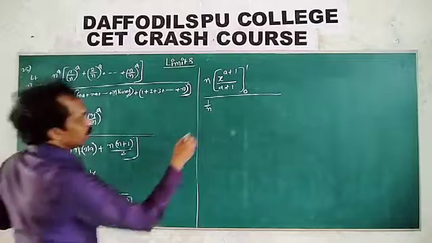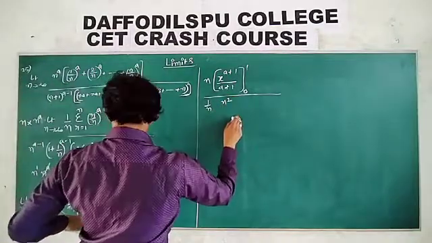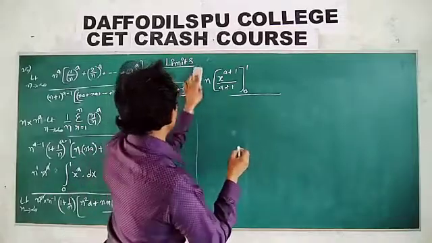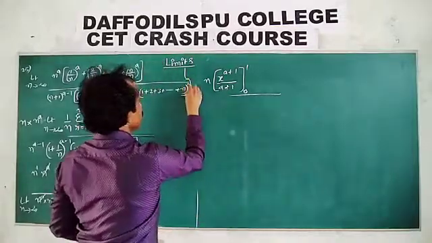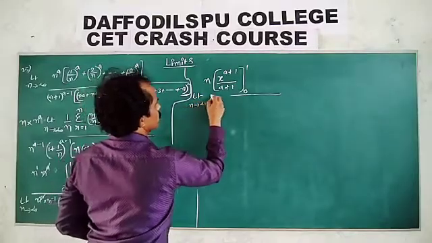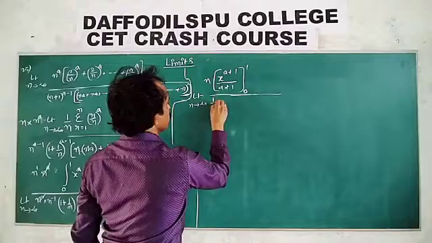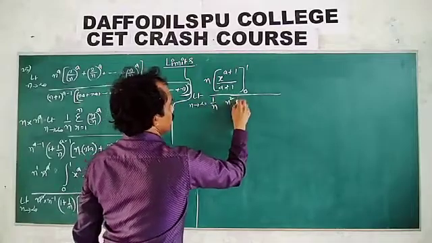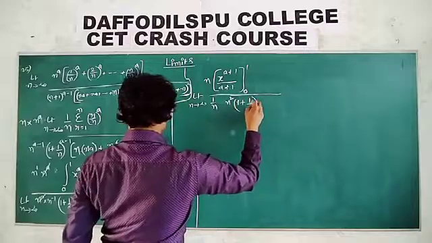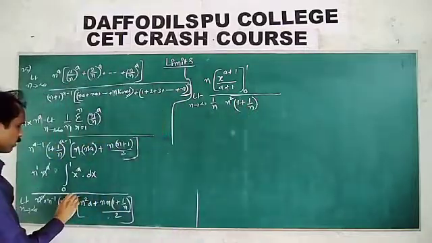And take n square common outside. Here the limit as n tends to infinity, 1 by n, n square common, (1 plus 1 by n) whole power a minus 1.